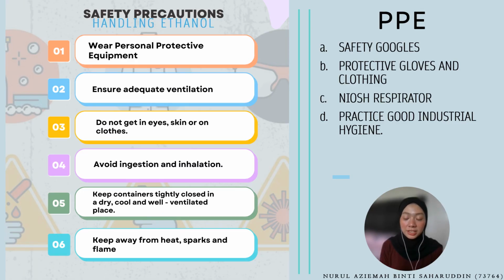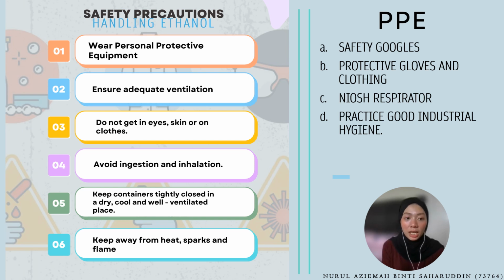Ethanol is considered hazardous by the 2012 OSHA Hazard Communication Standard. According to the MSDS of ethanol, some precautions need to be considered while handling and keeping the chemical in storage, such as, firstly, wear personal protective equipment or face protection. Next, ensure adequate ventilation. Then, do not get ethanol in eyes, on skin, or on clothing.